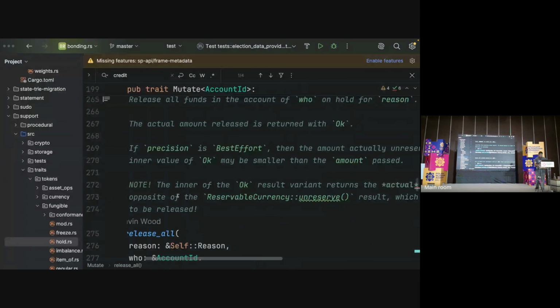So how do we do it? We have some balance we are trying to hold. We are giving it a reason. We are doing this into, which means it's converting it into runtime hold reason. We're saying the balance, we're saying the amount. That's it. I think somewhere we release all, yeah? So this does two things: it does set on hold, and it does release all.